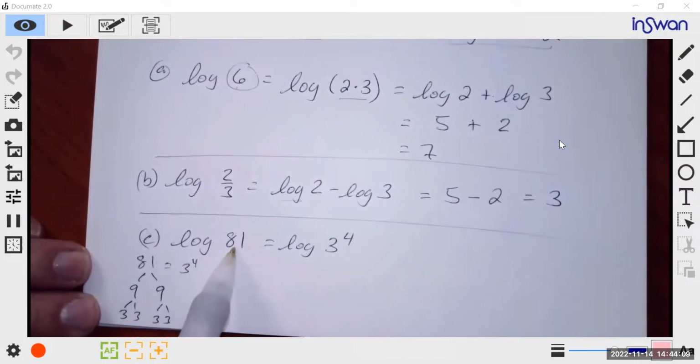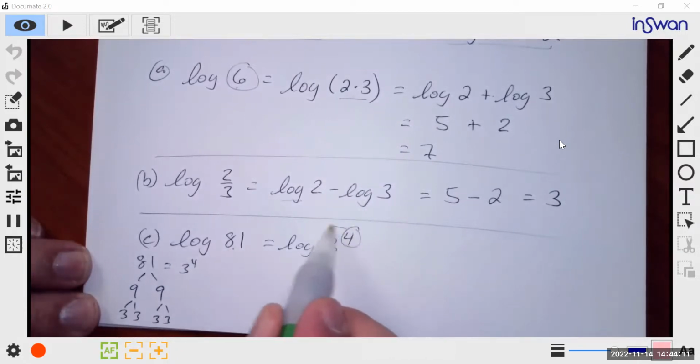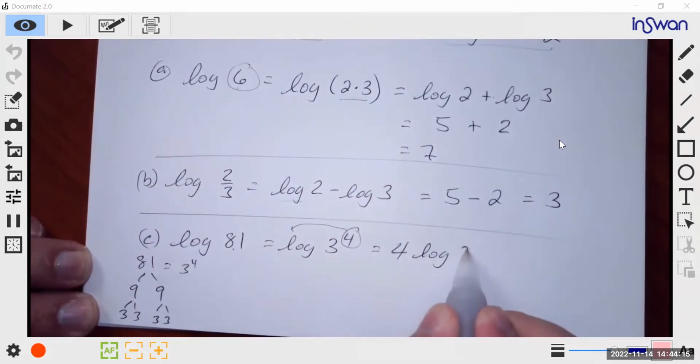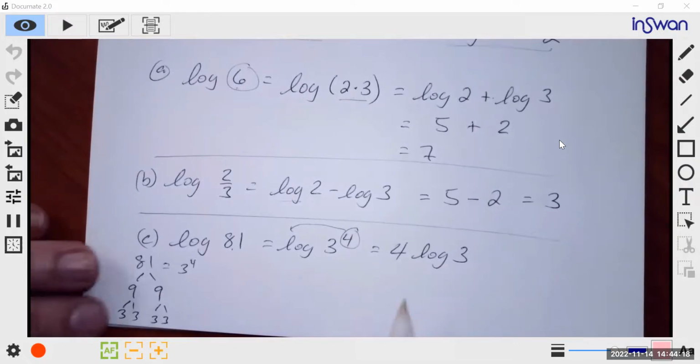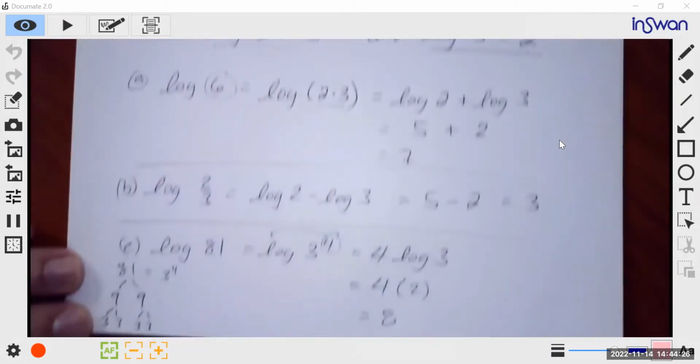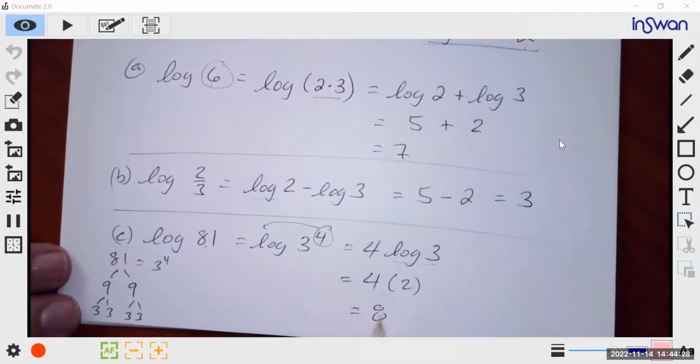The exponent comes out in front. What is log of 3? 2. So the answer is 4 times 2, which is 8.